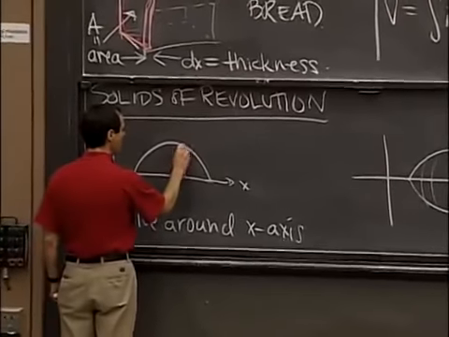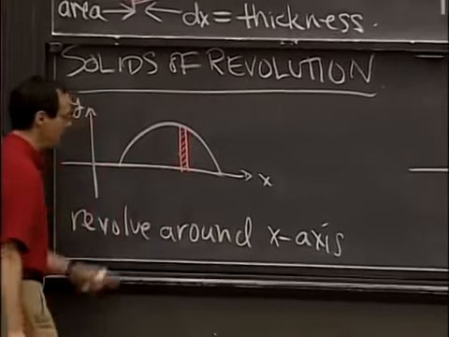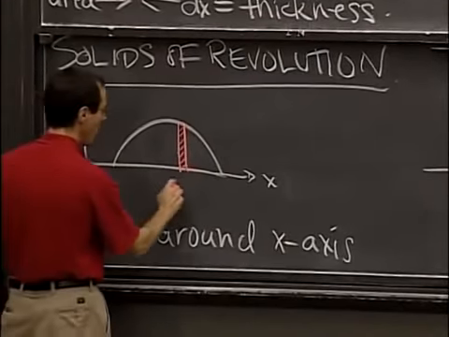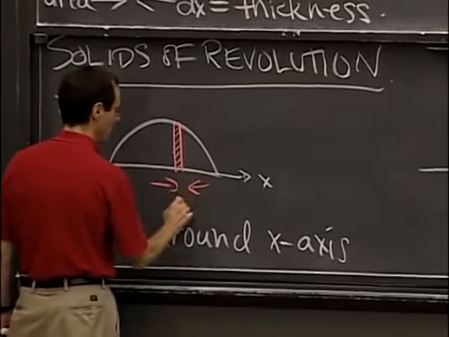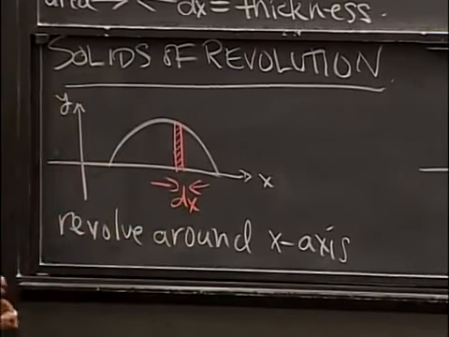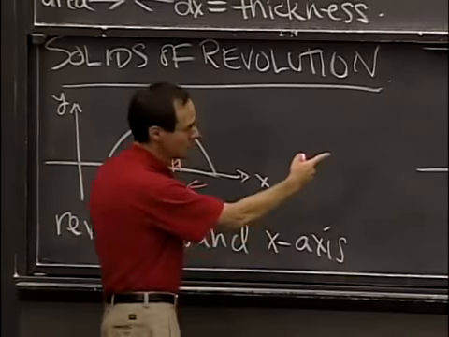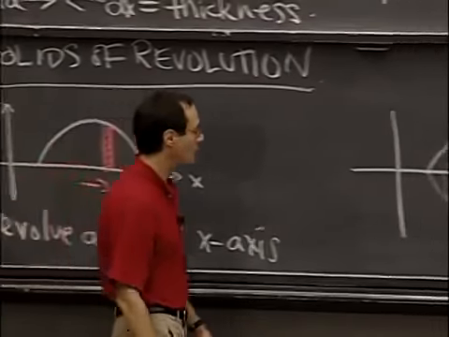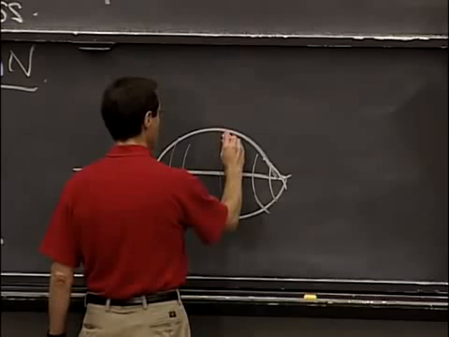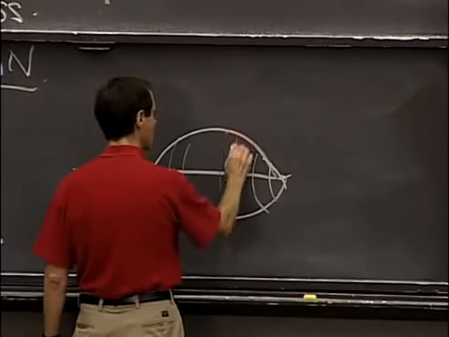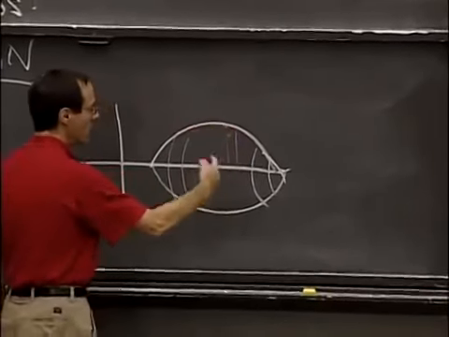The first step is to consider what this slice is over here, and again it's going to have width dx, and we're going to consider what it looks like over on the 3D picture. So it starts out being more or less like this, but then we're going to sweep it around.